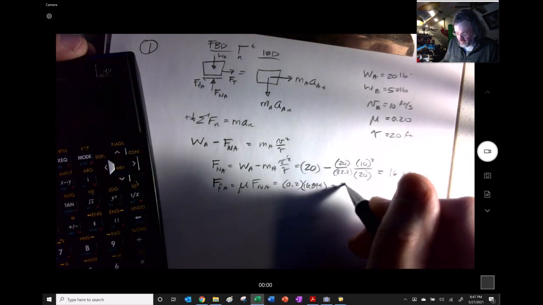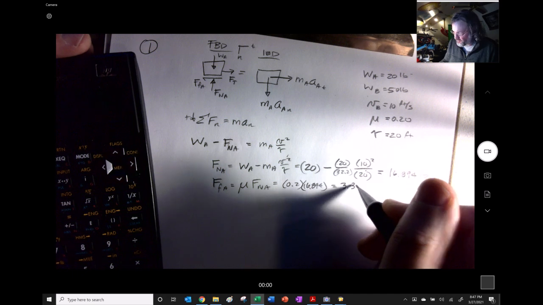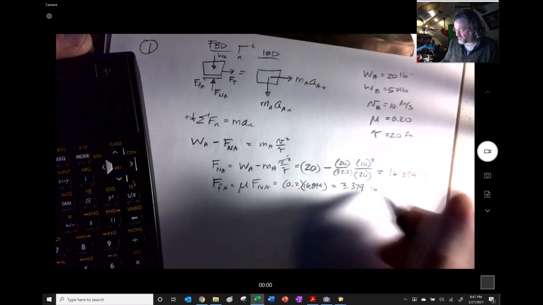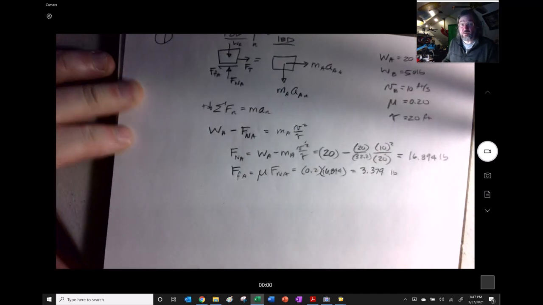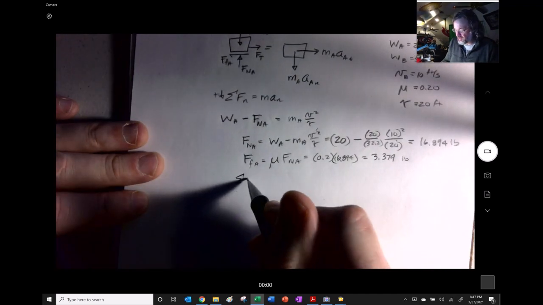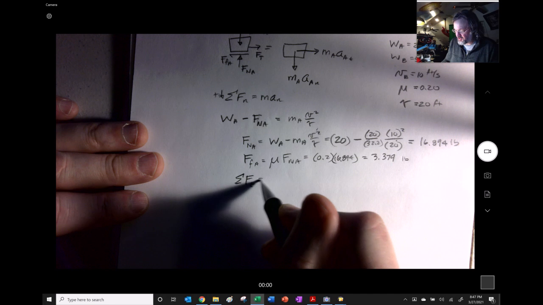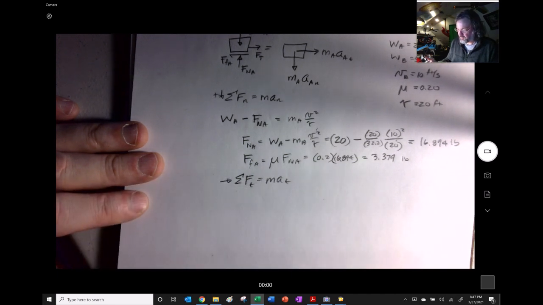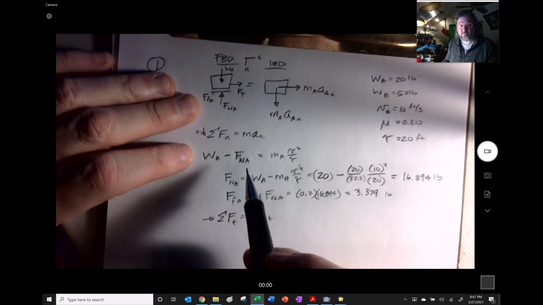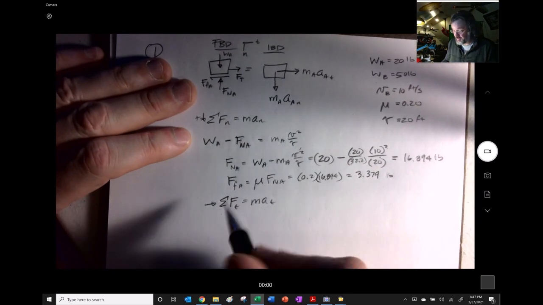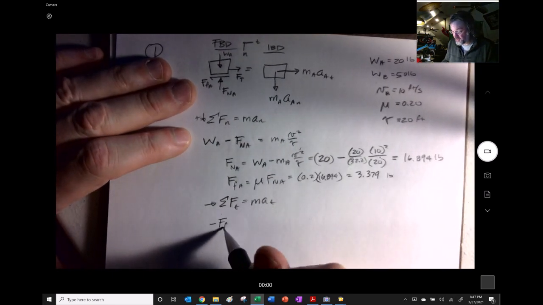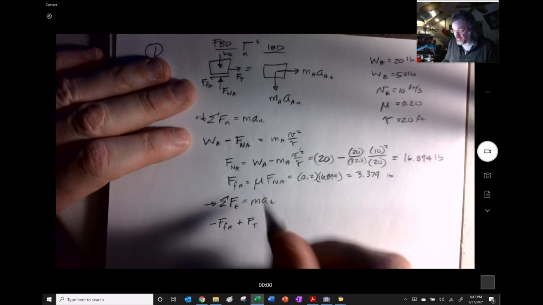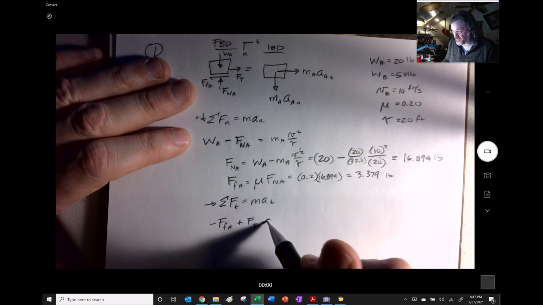And so that's 3.379 pounds. Okay. And then I have the sum of the forces in the tangential direction, mass times acceleration in the tangential direction. Looking back up here, we see that we're going to have a negative friction, but a positive Ft, and I think that's the only thing else we have in there.